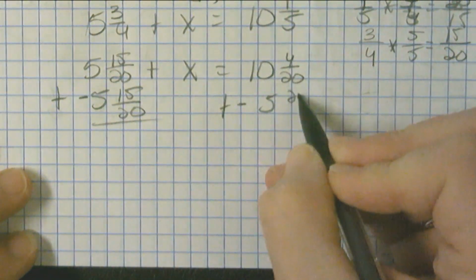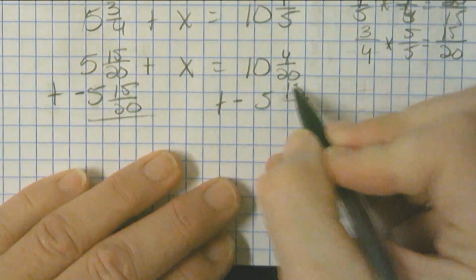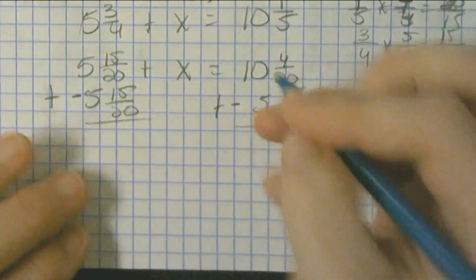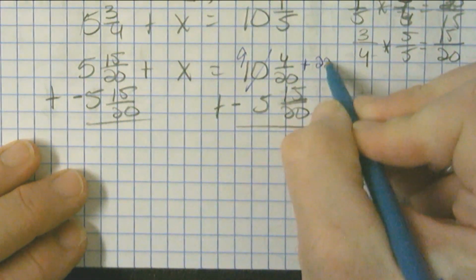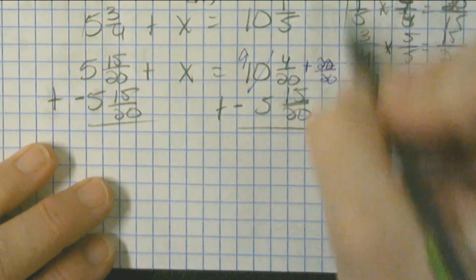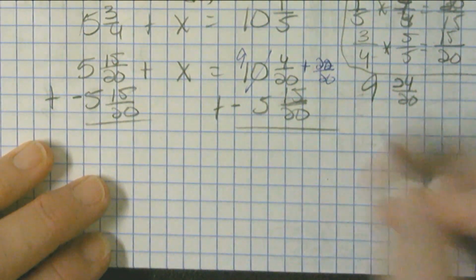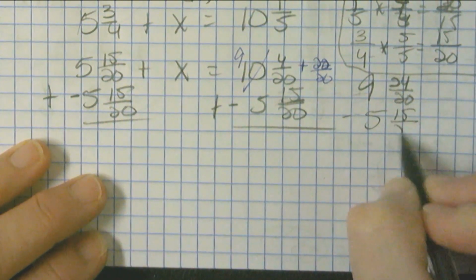Or subtract 15/20 from both sides. And I totally agree with you. So I'm going to take that 10, I'm going to make it a 9. I'm going to add 20/20. And I end up with 9 and 24/20. Is that right, Alex? Minus 5 and 15/20. All right, keep going, sweetie.